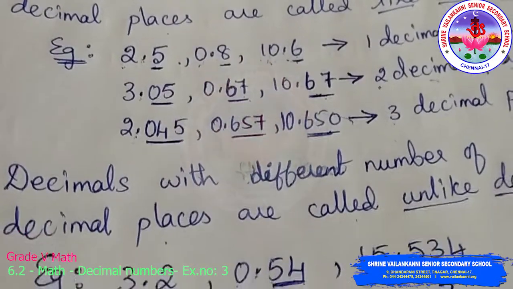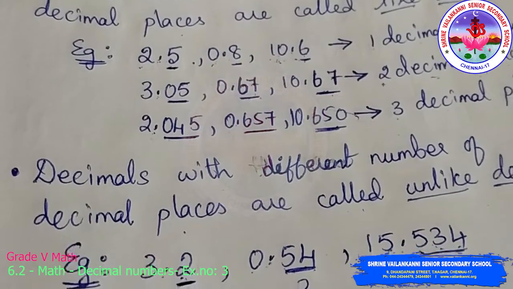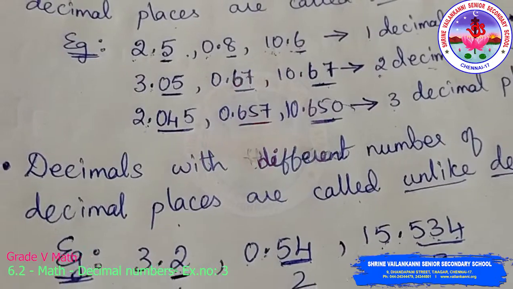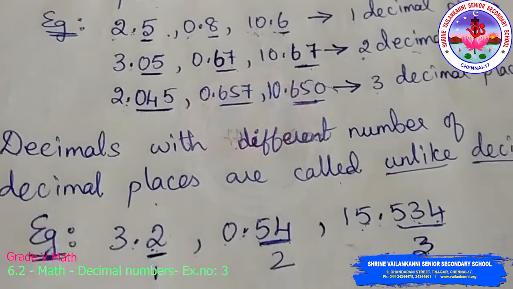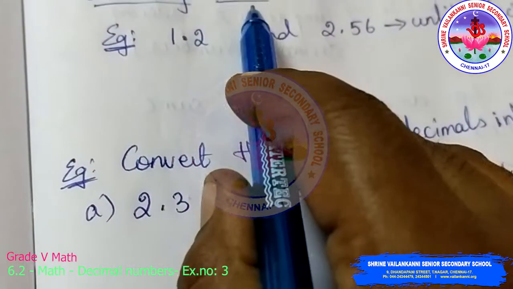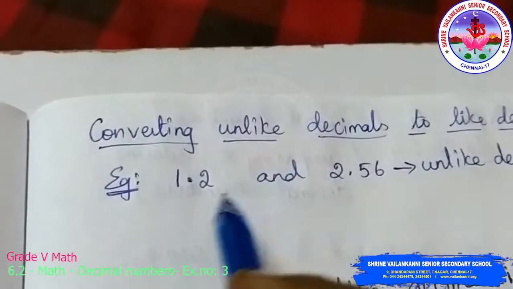Okay. So when you have unlike decimal numbers, how can we proceed with the sum? The first step, you have to convert them into like decimal numbers. So I am going to show you how to convert. Converting unlike decimals to like decimals.